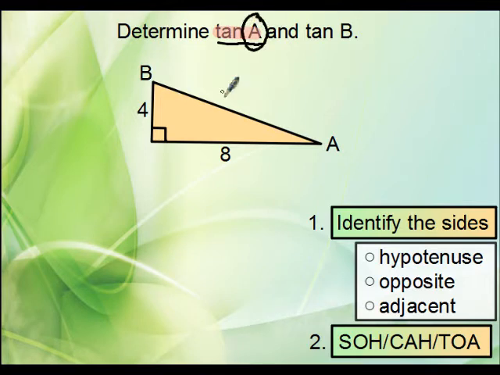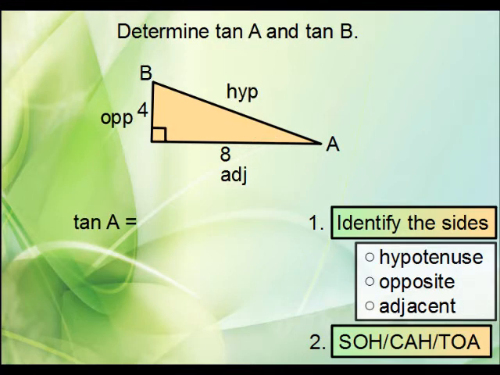The hypotenuse is always going to be the largest side, regardless of what angle you're talking about. But as far as the opposite and adjacent sides are concerned, from angle A, if you draw an arrow out, you determine the opposite side. That leaves the other side as the adjacent side, the side that is next to angle A. So what is the tangent of A?